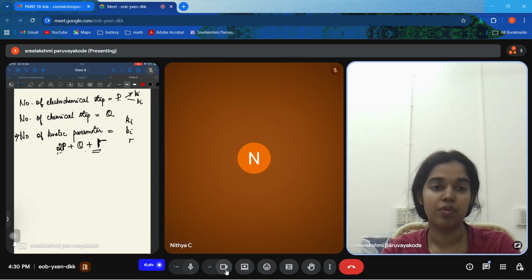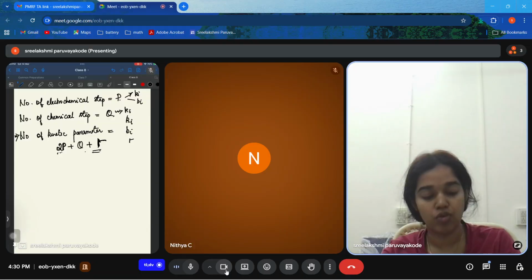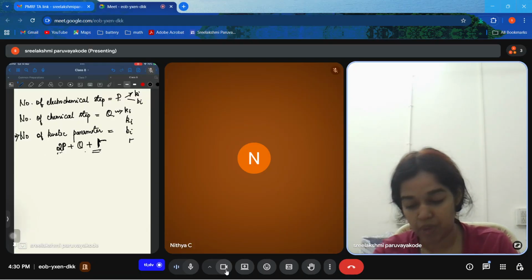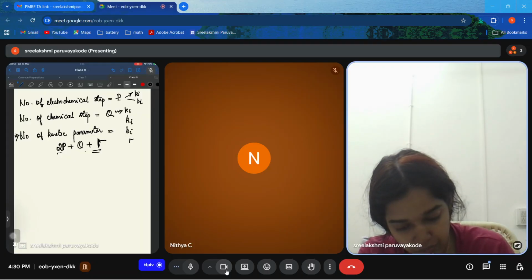What about the chemical step? In a chemical step there's no electron transfer happening. We say that the rate constant is a constant, right? It is not dependent upon the potential. So in that step we'll have only the k value. That's why we write 2P plus Q, only one, plus gamma. So we get the number of kinetic parameters. Now the next step is to find the number of intermediates.